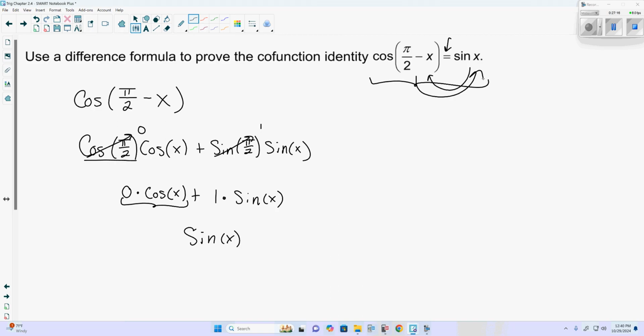But we can't assume that they're equal and use the properties of equality to show that they're equal. We're assuming what we're proving, and it just doesn't work. So we've got to get one side to be like the other. Since we were able to rewrite cosine of pi over 2 minus x as sine of x, we can say that they are equal.